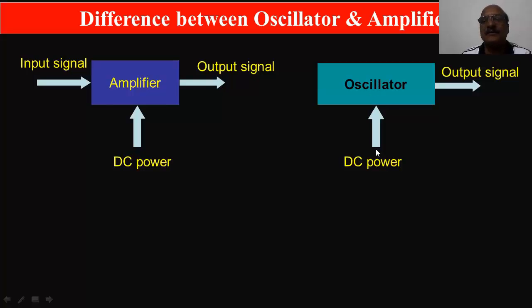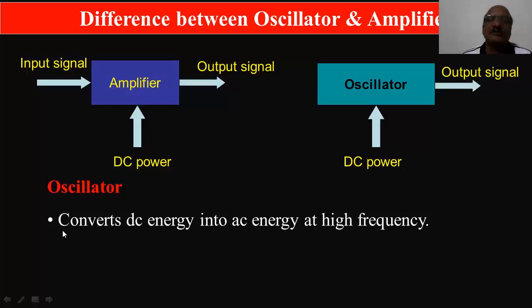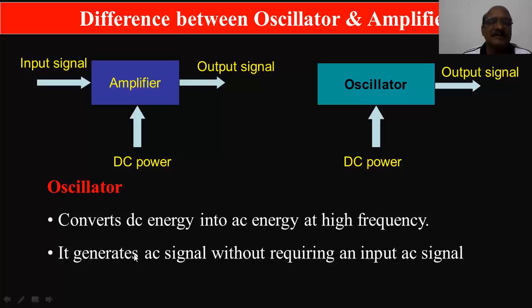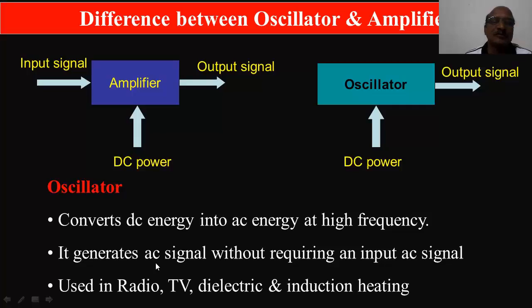It simply converts the DC power given to the circuit into AC power. So the definition of an oscillator is: an oscillator circuit converts DC energy into AC energy at very high frequency. It generates an AC signal without requiring an input AC signal, which is required in amplifiers. Oscillators are used in radio, TV, and dielectric and induction heating. These are the applications of oscillators.